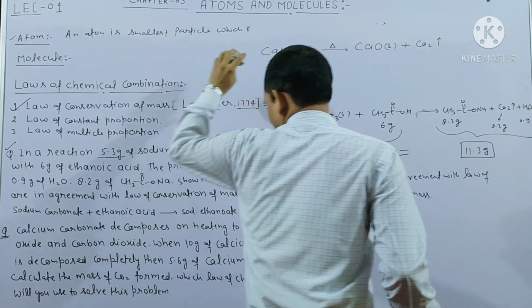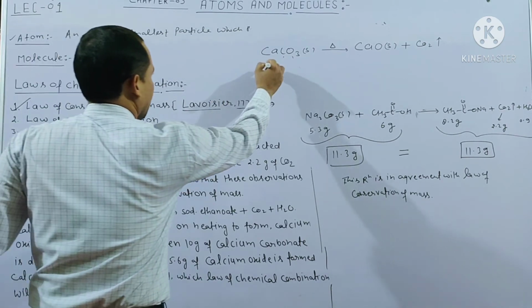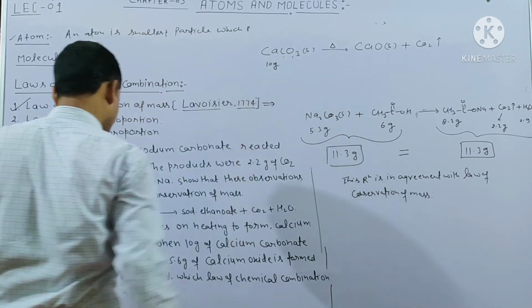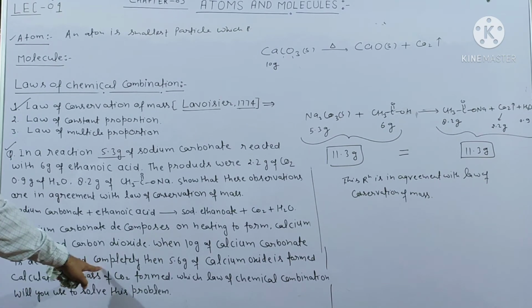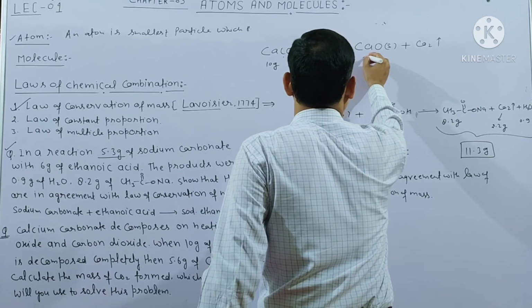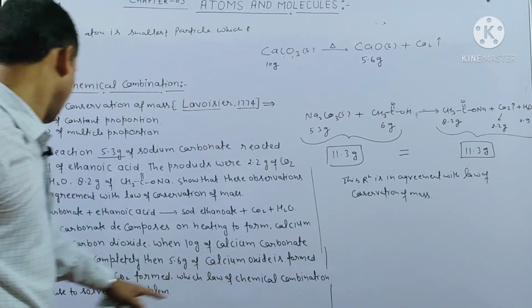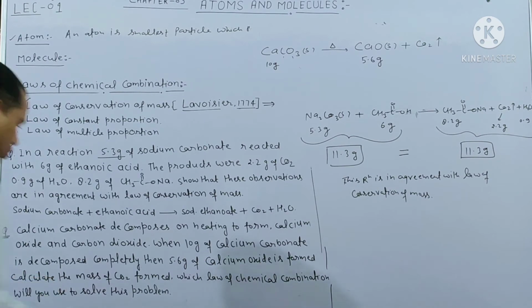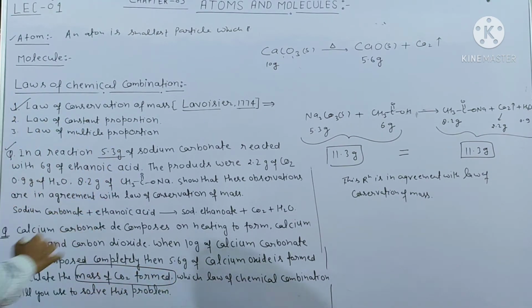We take 10 gram of calcium carbonate, and it is decomposed completely. Then 5.6 gram of calcium oxide is formed. Calculate the mass of CO2. So we have to calculate mass of CO2.